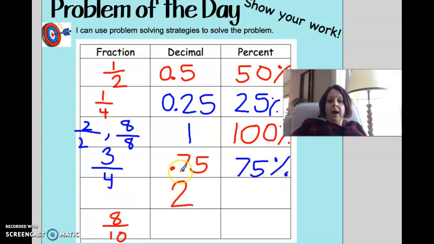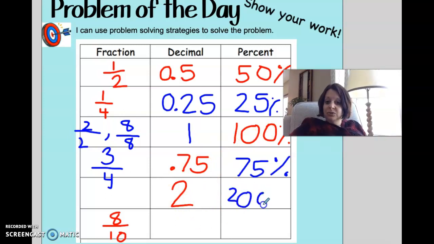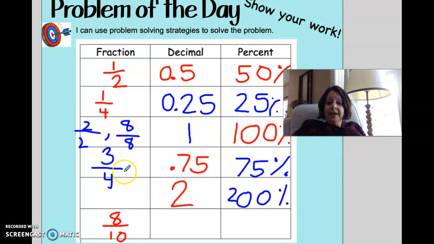Okay, so now I have 2 wholes. See how one whole was like 100%? 2 wholes is, you got it, 200%. Oh, I'm trying so hard with my percentages here. Now my fraction, remember when we had one whole?